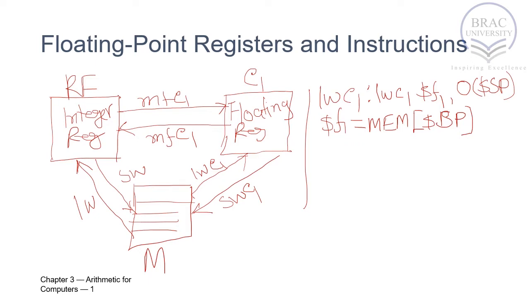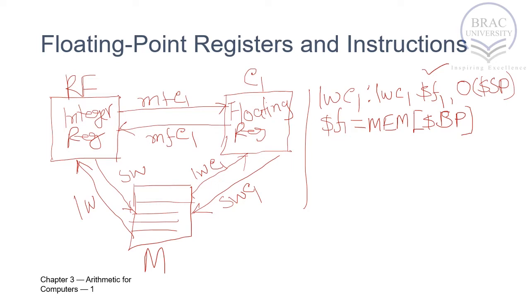Now, when we are discussing a load or store or any other instruction, one new thing that we discovered here is F1. We did not see this notation previously. So before I go into the detail of the instructions, let's discuss where this F1 comes from.